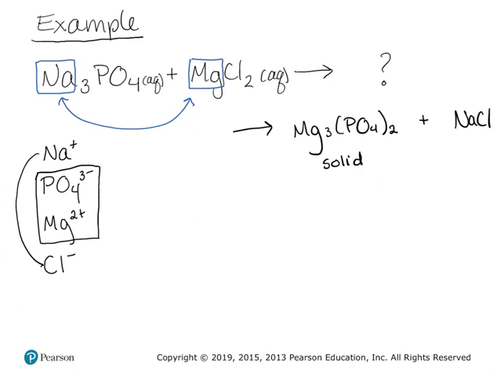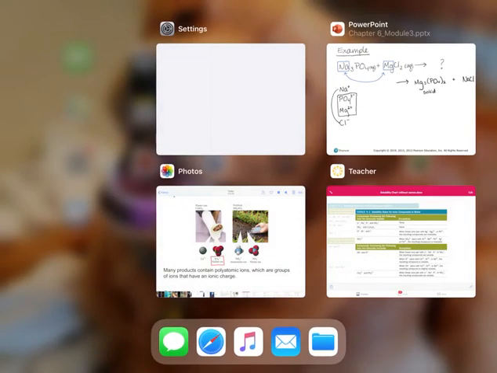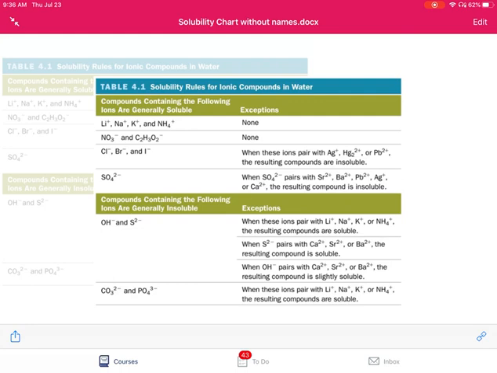What about sodium chloride? Now, I already kind of gave it away earlier, but let's look at our solubility rules. All right, so sodium is in the very first row, and it says that it's generally soluble and there's no exceptions. Okay, so that means sodium always dissolves. And then chlorine is in row 3, or chloride, and that is generally soluble unless it's paired with silver, mercury, or lead.